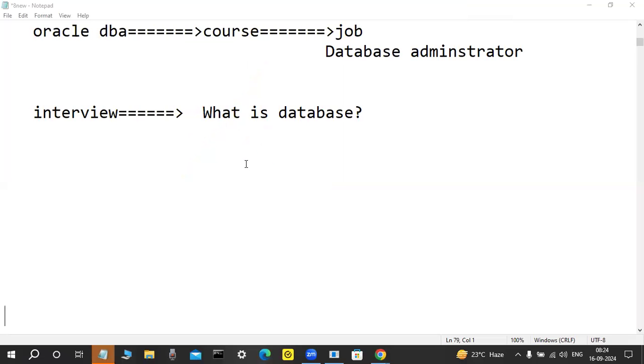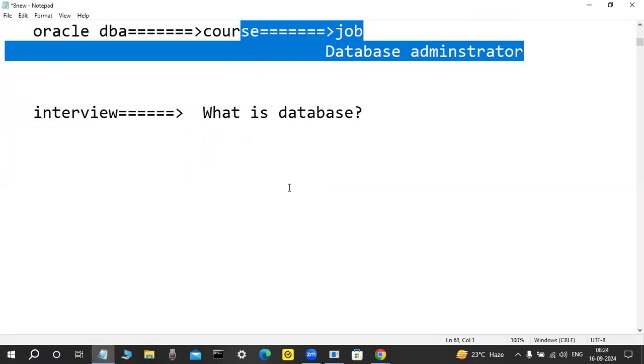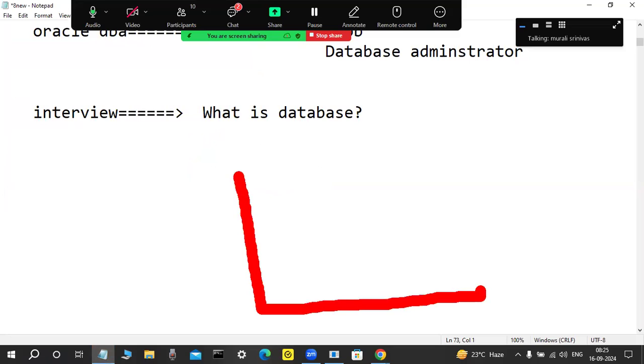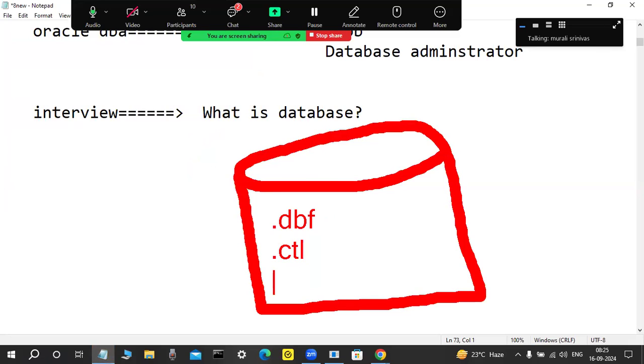That's why, when the interviewer asks what is a database, then the database administrator tells the correct answer. What is that? Yes, Oracle database is nothing but a collection of data files, .dbf files, control files, .ctl files, and also .log files. But normal developers, you are first-time newcomers, Java, .NET, Python, SQL, PL/SQL developers, you don't know really.